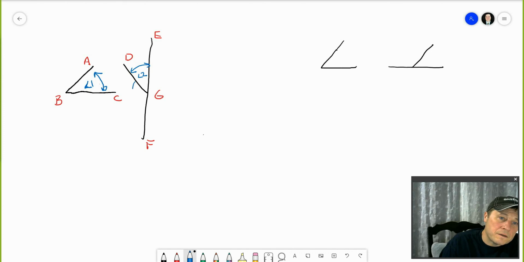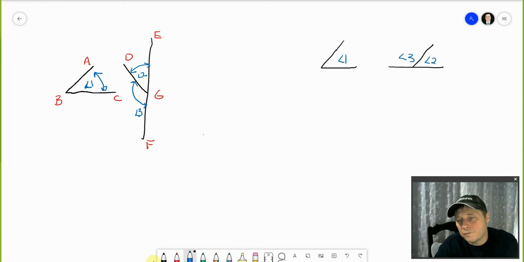And this is angle 3. So it looks familiar, doesn't it? This was our angle 1, angle 2, angle 3, same angles. And the rule is they have to be perpendicular to one another.